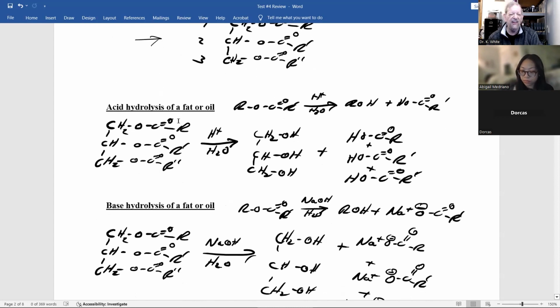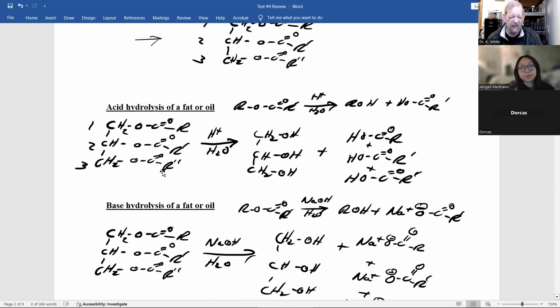So if I have acid hydrolysis of a fat or oil, you take an ester, react it with acid and water, you get back the alcohol and the carboxylic acid you would have used to make that ester. Well, you've got, guess what? 1, 2, 3 esters, acid and water. Ester number 1 gives us alcohol plus this carboxylic acid. Ester 2 gives us alcohol plus this carboxylic acid.